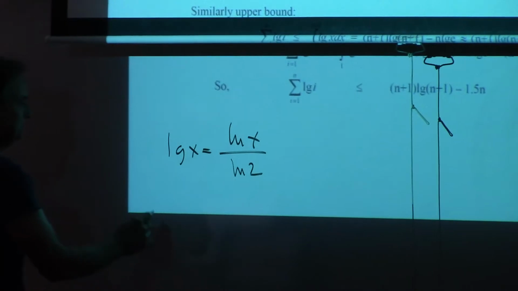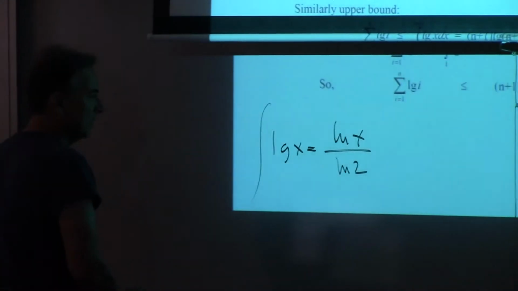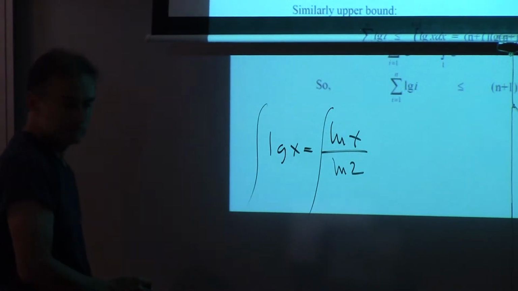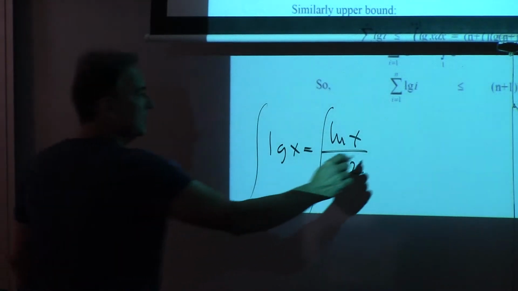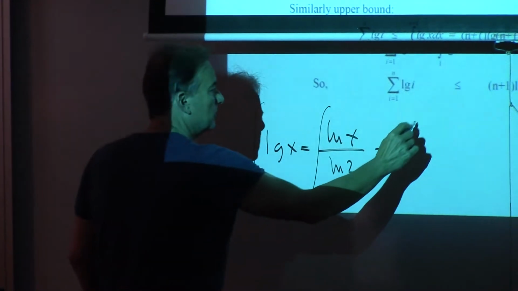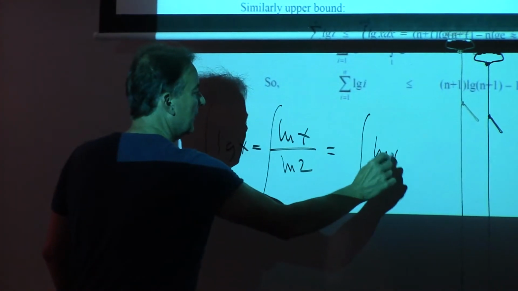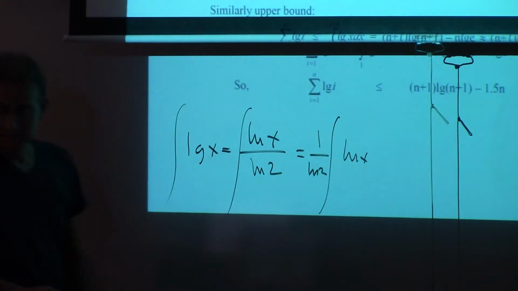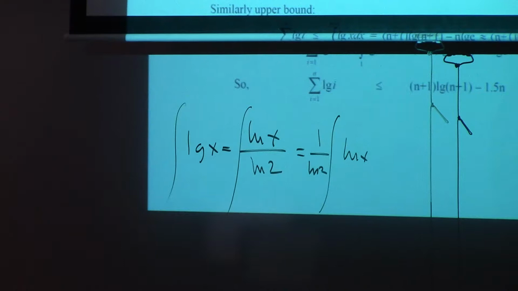Therefore, the integral of this is equal to the integral of this. The 1 over natural log of 2 is a constant and ln x is a function, so it will equal the integral of natural log of x times 1 over natural log of 2. Whatever you get, you divide by the natural log of 2.